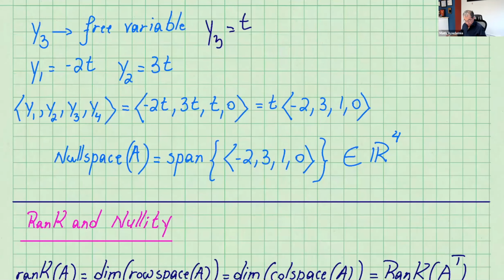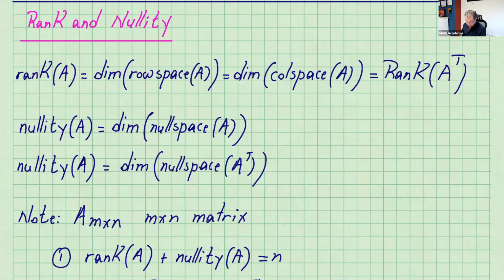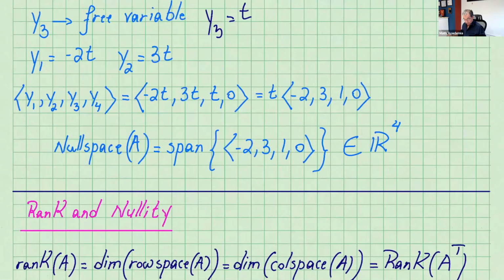Now let's go over the rank and the nullity of a matrix. Remember, the rank of a matrix is the dimension of the row space, which is the same as the dimension of the column space, and that will be the same as the rank of the A transpose. Again, the dimension is number of vectors in the basis. So for example, the rank of our matrix, here we can just pick one of them.